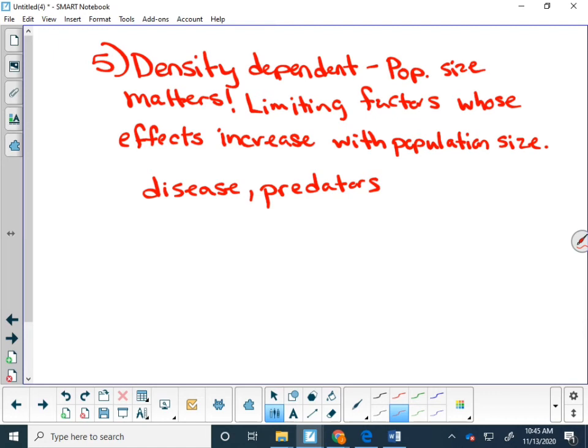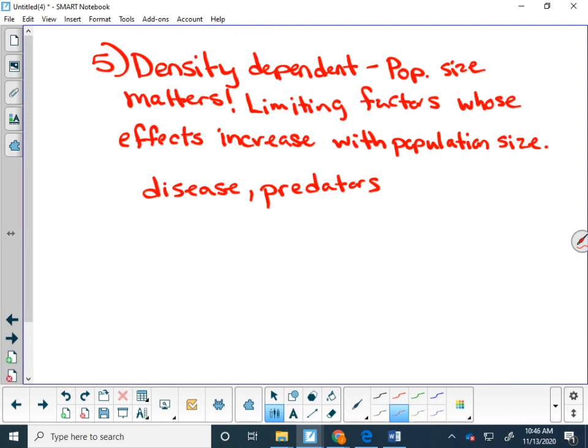And then with predators, we talked about that a little bit earlier. As your population grows, there's going to be more predators attracted to your area or growing in your area. And eventually that is going to have a big limiting effect on your population. So disease and predators are the two most missed examples of density dependent that I want you to remember.